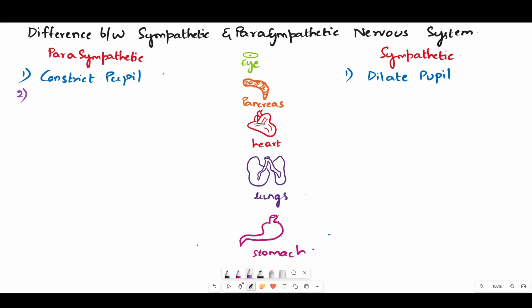The parasympathetic system will be useful for stimulating the saliva, whereas the sympathetic nervous system will be inhibiting the saliva. So, the sympathetic nervous system will reduce the salivation or inhibit the salivation.